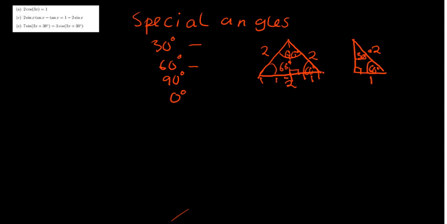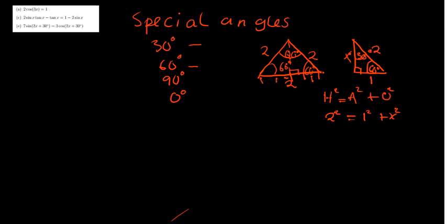By Pythagoras theorem, we can find the unknown side, which we'll call x. Hypotenuse squared is equal to adjacent squared plus opposite squared. So the hypotenuse is 2 squared, the adjacent, if we consider the angle 60 degrees, is 1 squared, plus the opposite x squared.